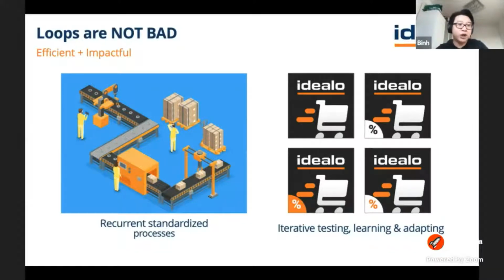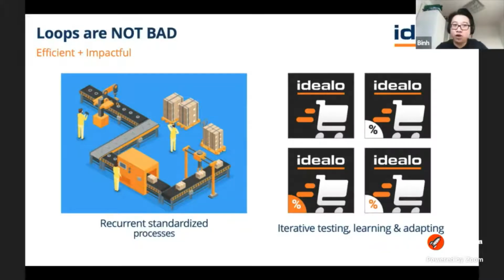So we get to do more with less. And the second thing is more impact by providing us with scientific, systematic, iterative testing methods, where we get to test out different ideas and we start learning what works and what doesn't work, and then we adapt our strategy for higher performance over time.